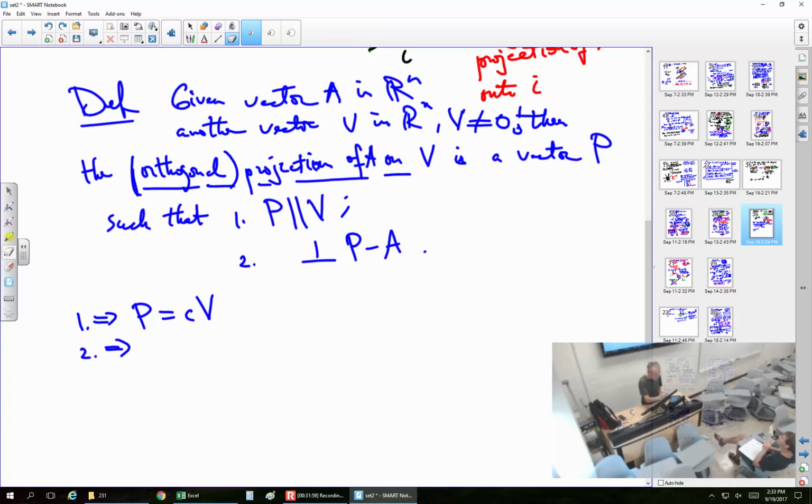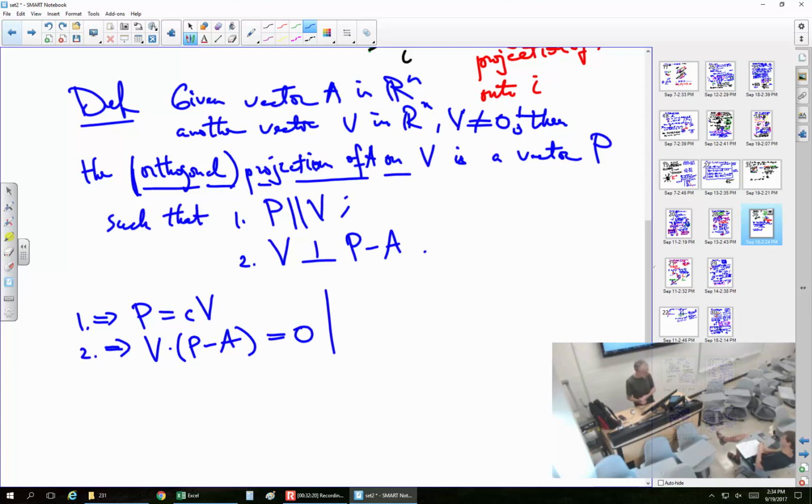Since P and V are parallel, putting V here doesn't change it. Okay, so V is parallel to P minus A. Then we know from the dot product that V dot (P minus A) is equal to 0. So from these two, we derive what we're looking for.